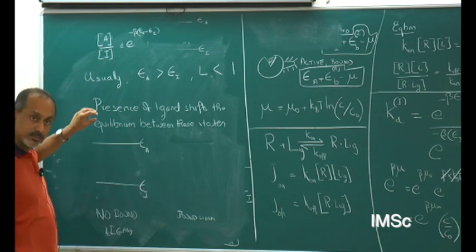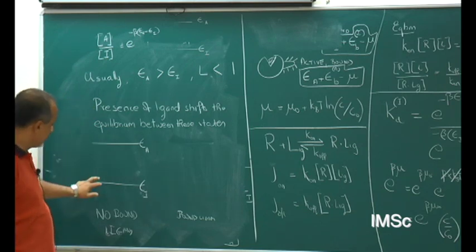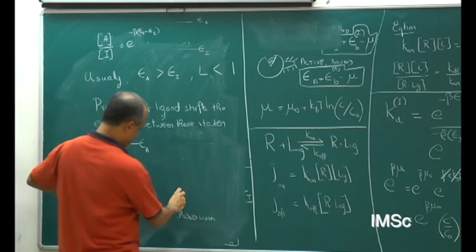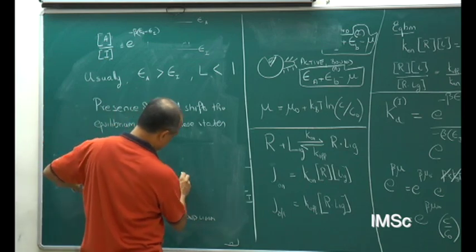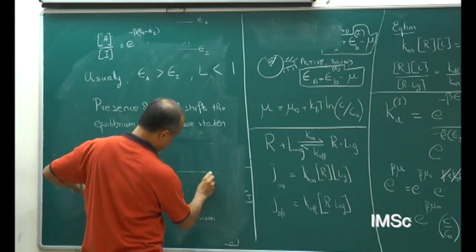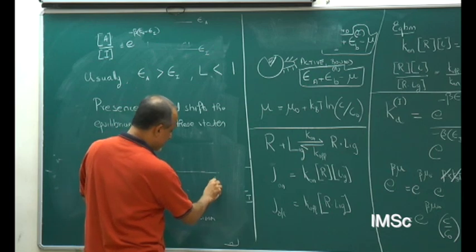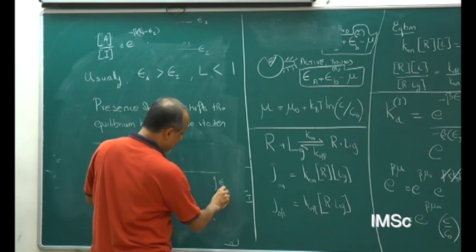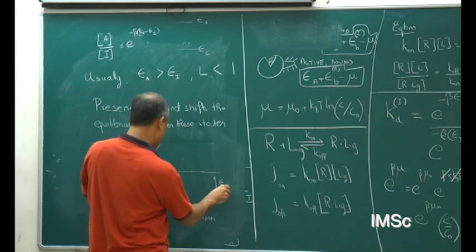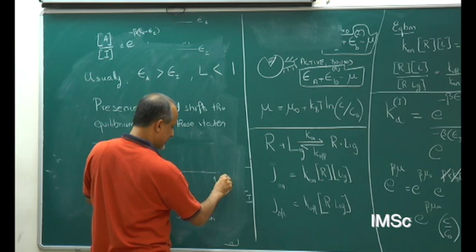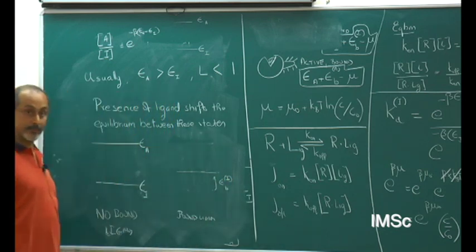Now we allow the ligand to bind. This is shifted up. So now this is initially here, but now has moved to this point here. And the amount by which it has moved is the amount that is epsilon bound in the inactive state. Okay.